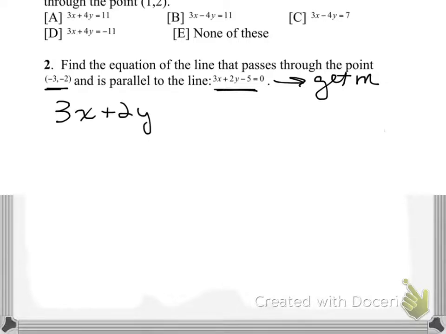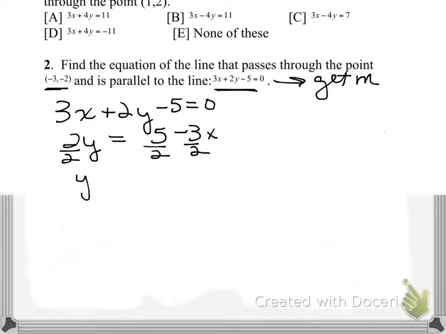3x plus 2y minus 5 equals 0. Let's rearrange. 2y equals, okay, I'm going to move the 5 over, so I have 5. Then move the 3x over, minus 3x. Now, you're still not done because you've got to divide by 2.